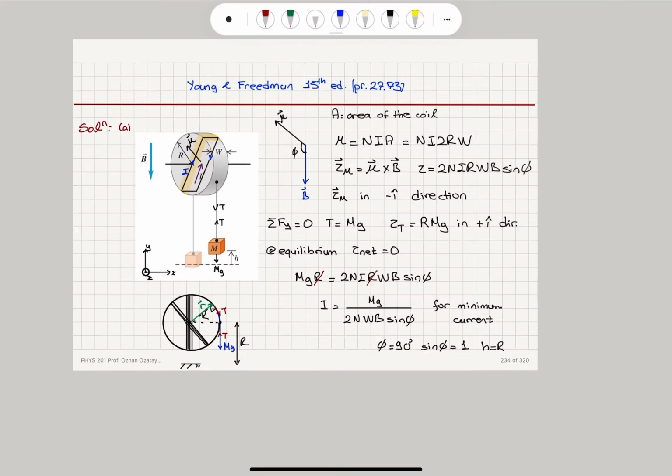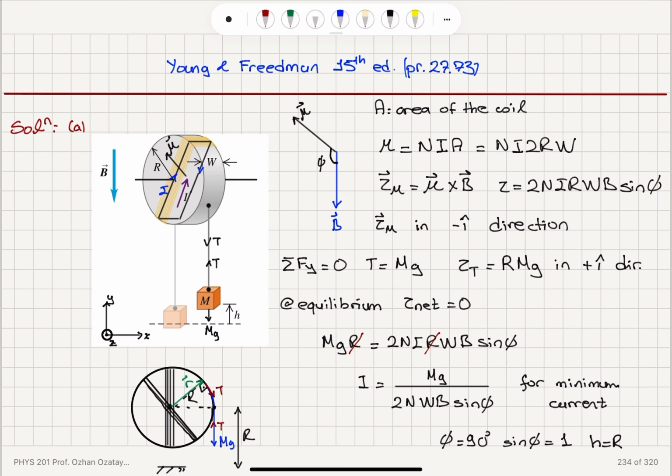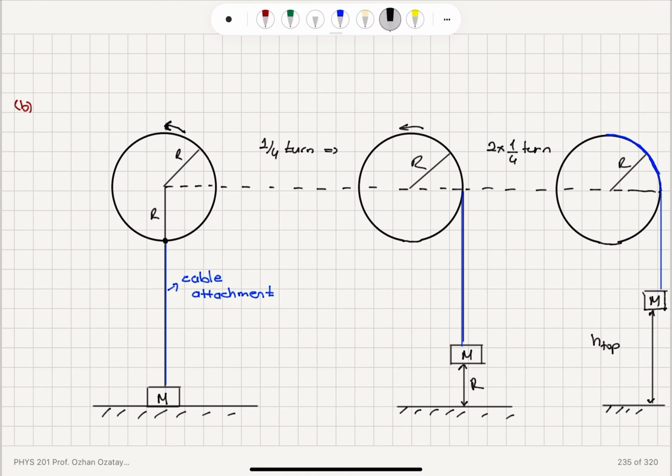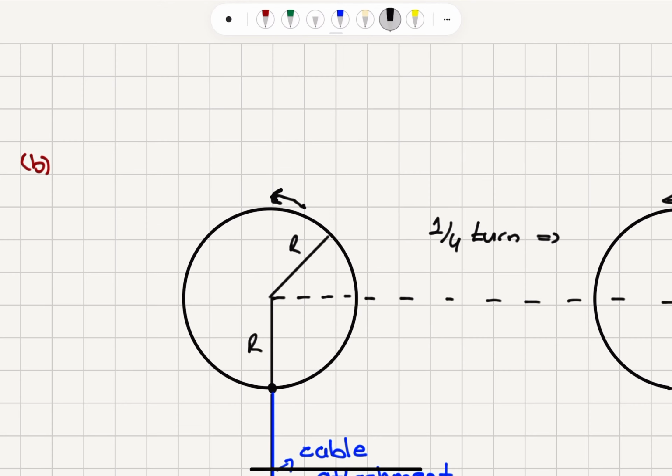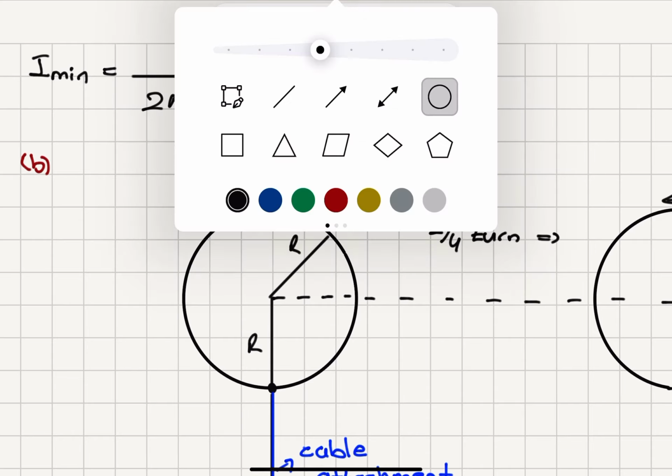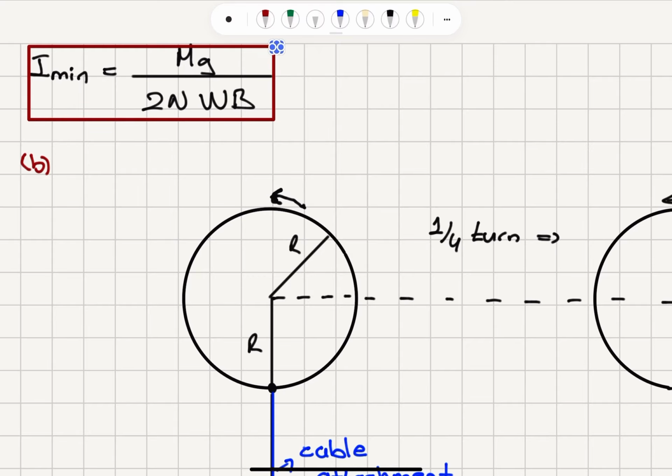That's when we have the minimum current requirement satisfied, and that minimum current is equal to mg divided by 2nWB. This is our minimum current in part A.